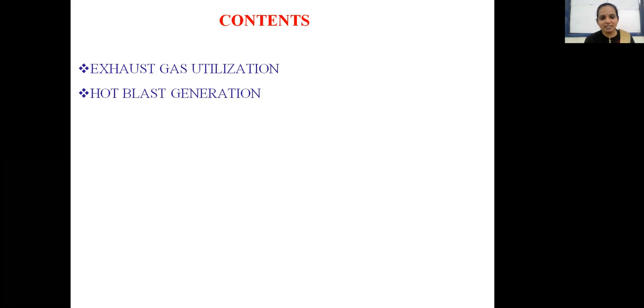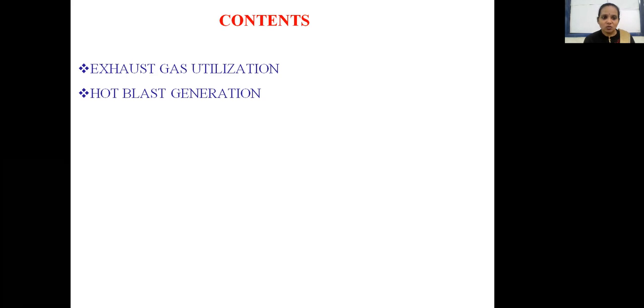All these gases come out from the blast furnace under pressure, and are called exhaust gases. If we leave this exhaust gas to the environment as it is, it leads to environmental pollution and health hazards.